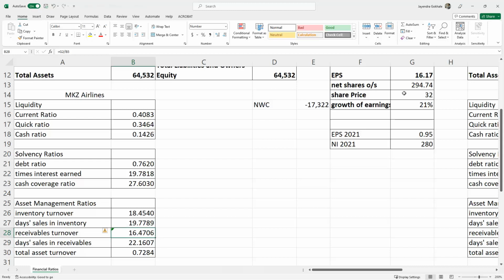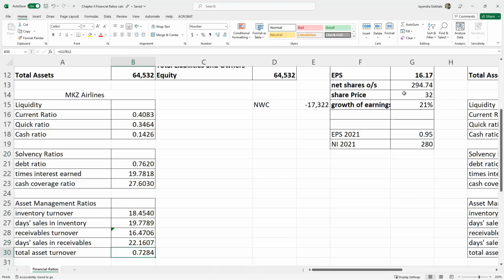It just means that receivables are turned over 16.47 times a year. Now notice, if the income statement was semi-annual, that would be 16.47 times every 6 months. And so the days sales in receivables becomes 365 divided by the receivables turnover. So the receivables are turned over every 22 days.